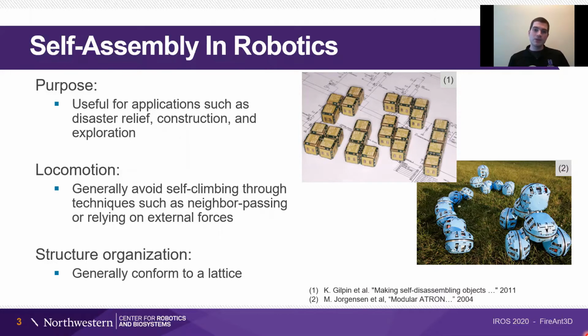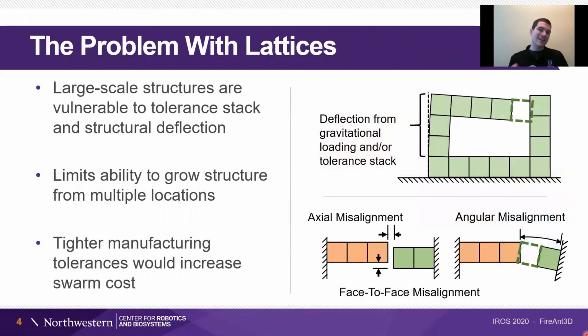The organization of these structures is also different from those of insects. Instead of using freeform structures, the structures tend to be highly latticed, as you can see with the robot pebbles here. They have a very rigid square lattice. The reason that lattice structures are undesirable for large-scale self-assembly is that misalignments will occur during the assembly.